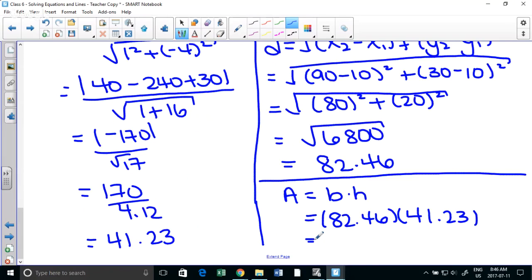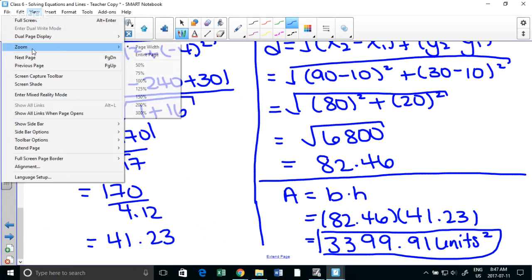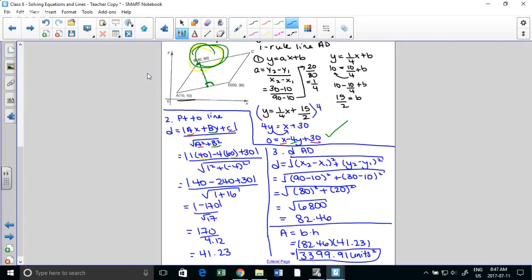So I just multiply them, and I get 3399.91 units squared. Any questions?